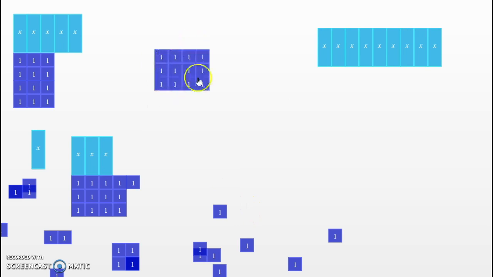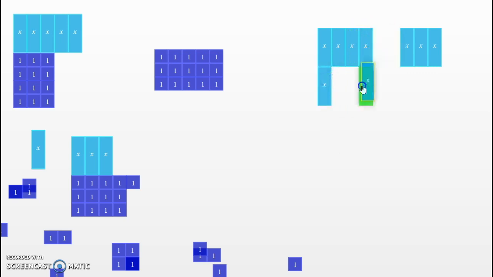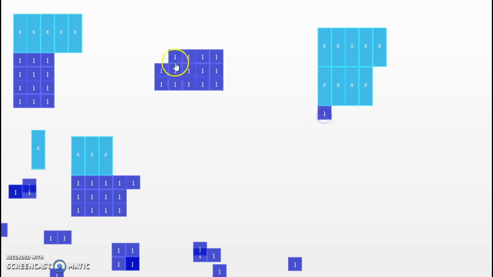So here's 3, 6, 9, 12, 13, 14, 15. Okay, so we need 4 distinct groups here. So I'm going to start cutting these off so that I have 4. Oh my goodness, but this guy isn't going to be able to do anything. So we're going to have him hang out here.